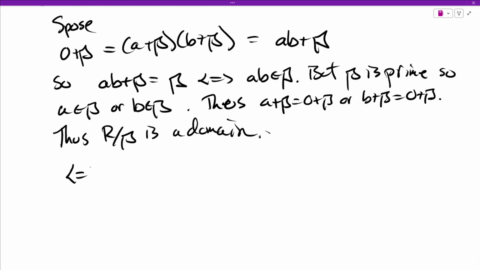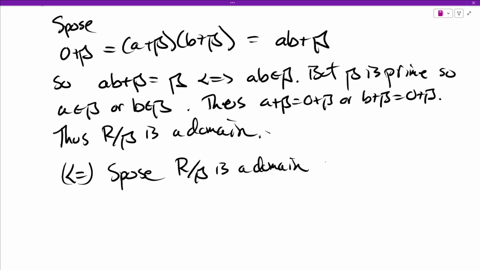For the backwards direction, we're going to suppose that R mod P is a domain. This is actually an if and only if. We can read it backwards, but I'll do it in two separate directions. Suppose R mod P is a domain. We need to show that P is prime.